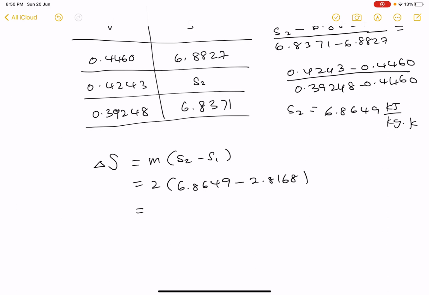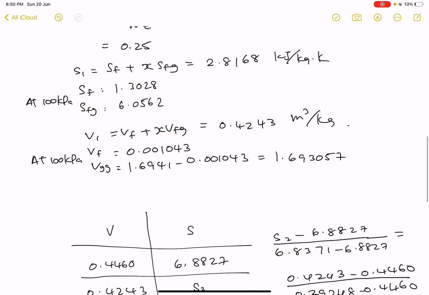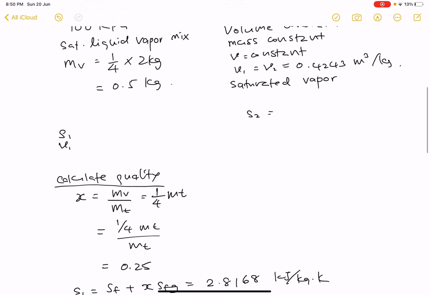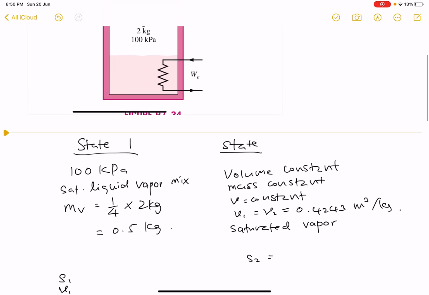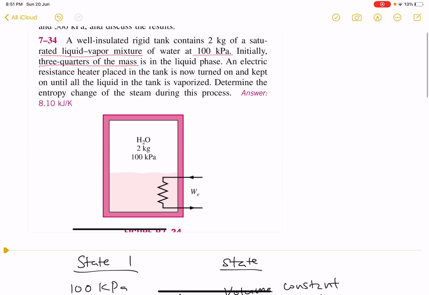Calculate this and you get 8.10 kilojoule per Kelvin. So this is an example of finding the entropy change for a pure substance, water in this case.